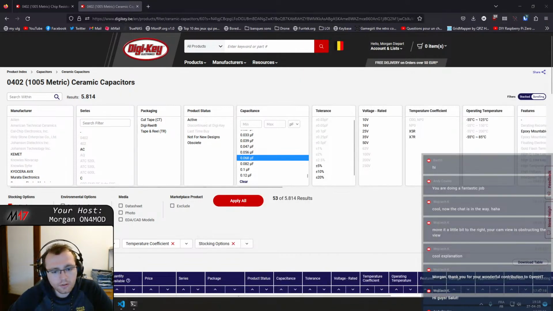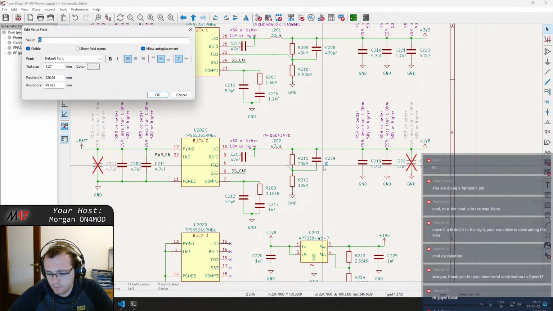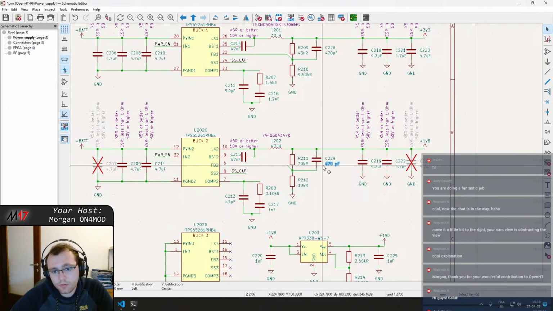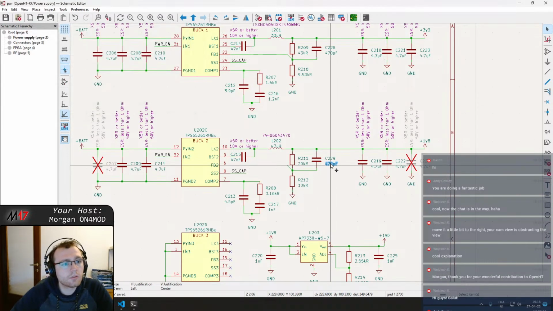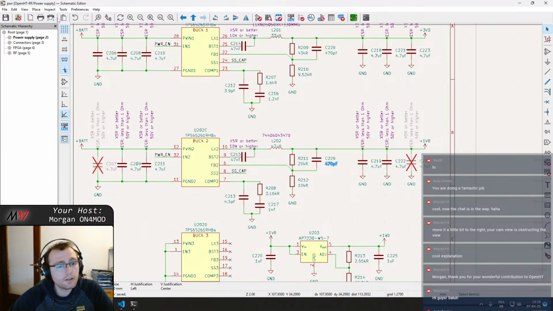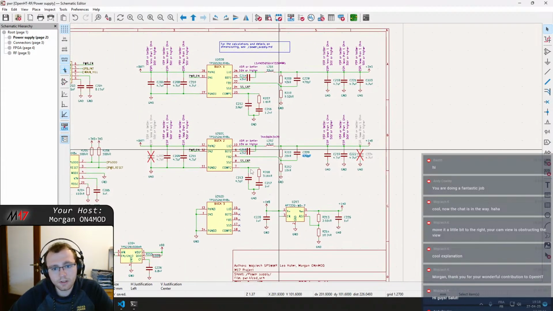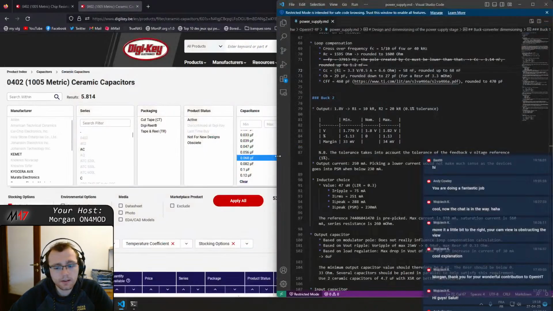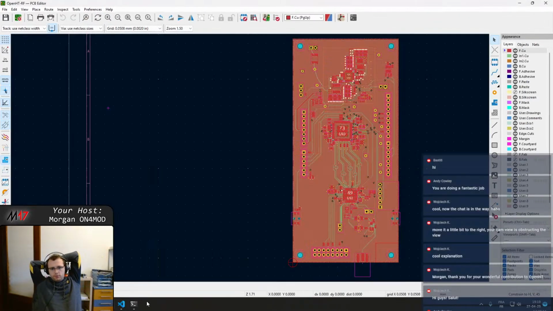Okay, so KiCad. Okay, let's plot the PDF file. Great. Can we very quickly import it to the board?